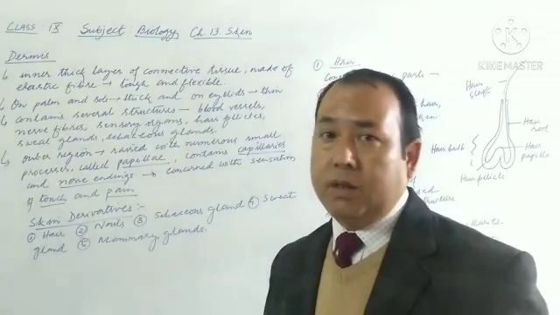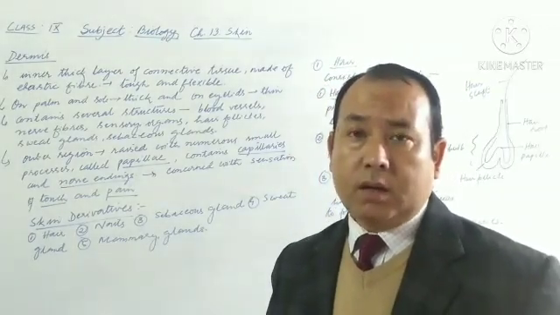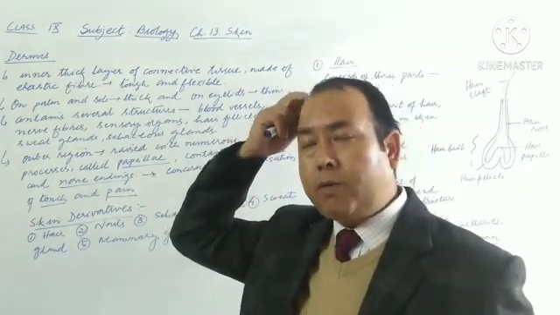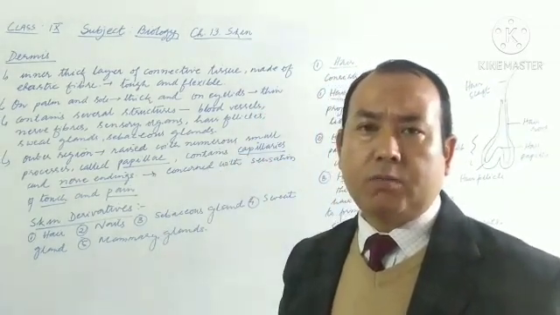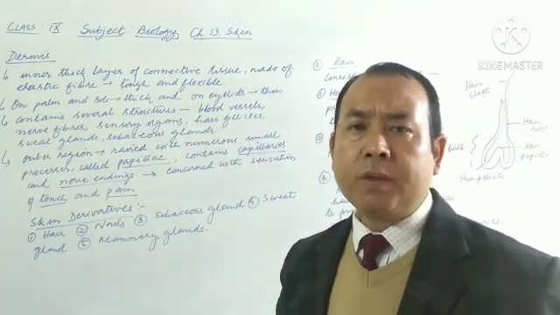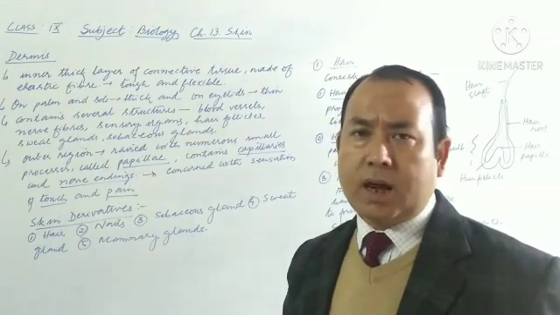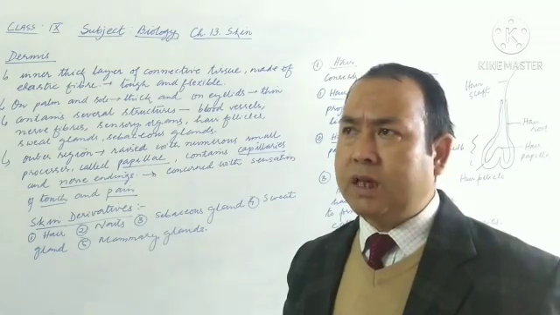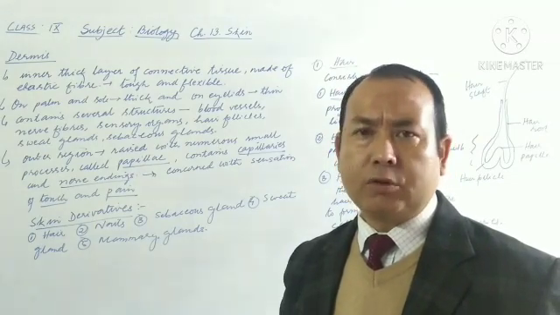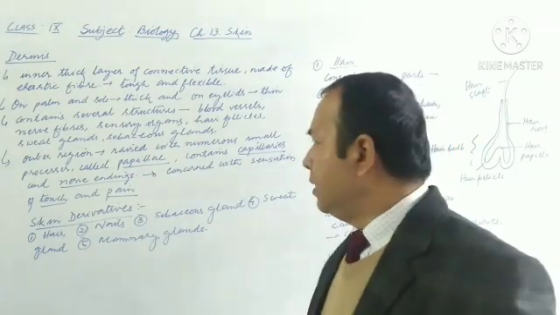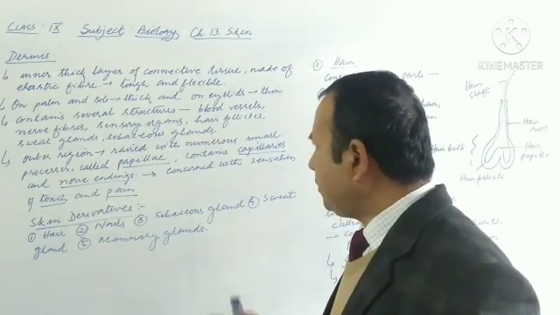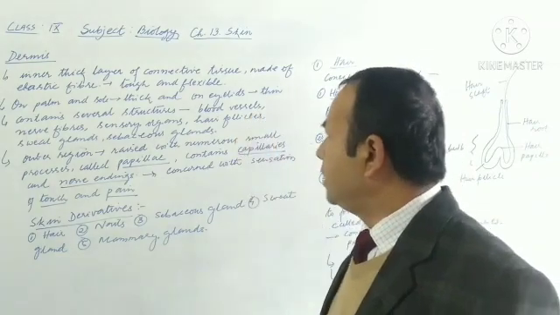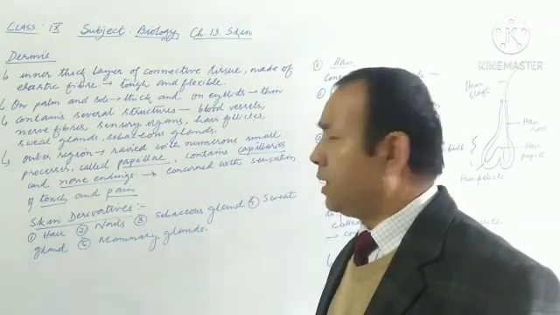And if you go through the picture of the dermis, you will find that there are several structures we happen to see in this region, which include nerve endings, blood capillaries, then different types of glands like sebaceous gland, sweat gland, and then the hair follicles. So all these structures are usually present.